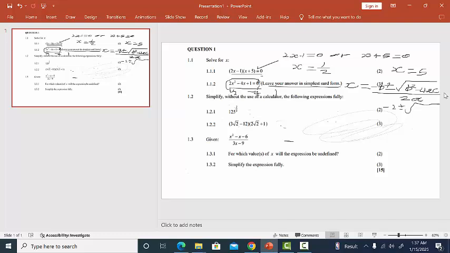So here you have your 16 minus 8, which will be over 2a. 2 times 2 is 4. So if you have a calculator, you can insert this into the calculator and you'll get your solutions.